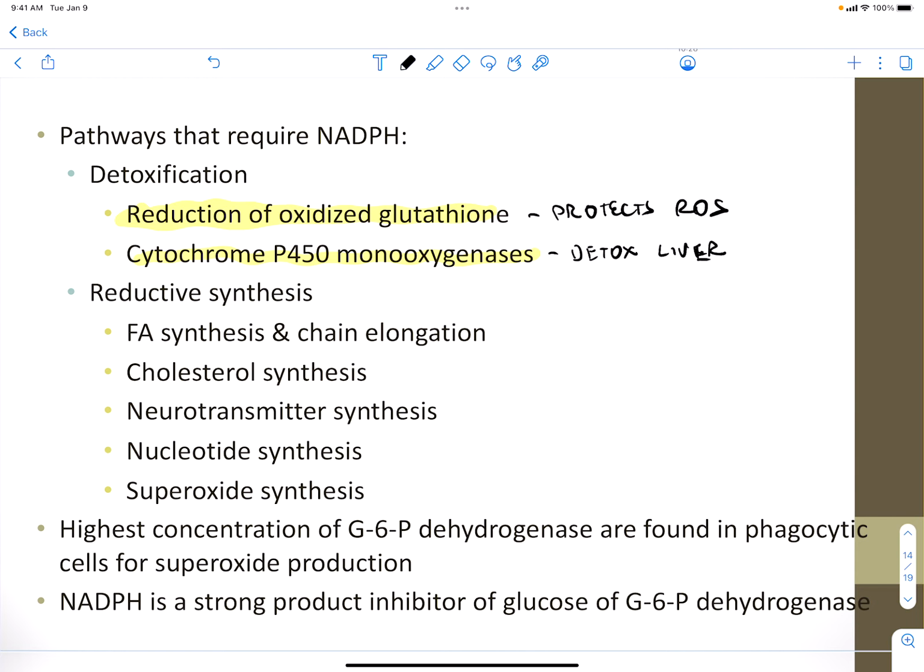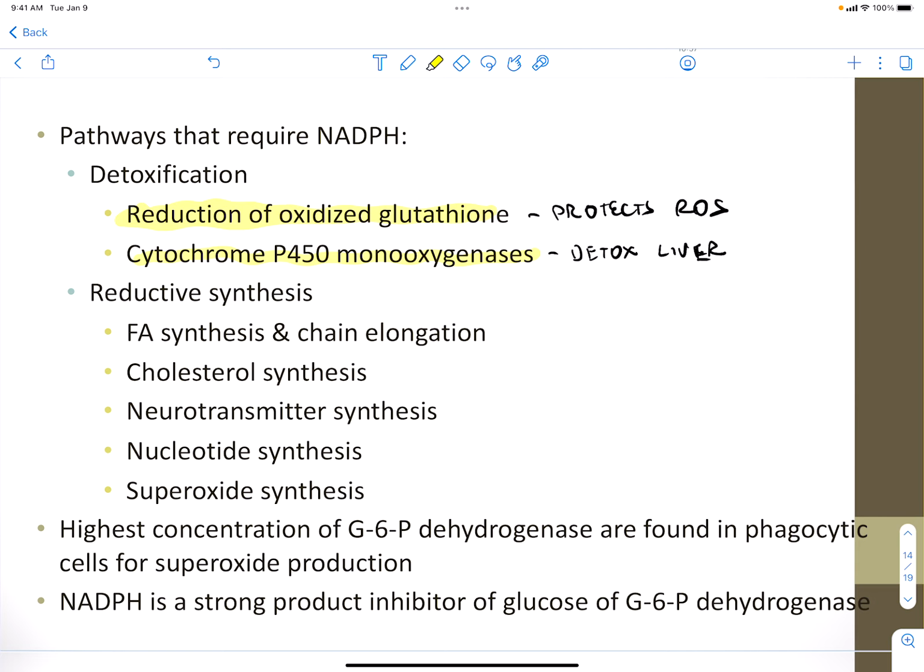We're also going to use this when we make fats. So when we talk about the synthesis of fatty acids, it's going to use NADPH. Also, cholesterol synthesis is related to fatty acid synthesis. Some neurotransmitters are going to require NADPH. Nucleotide synthesis, of course, that we just talked about, and superoxide synthesis.